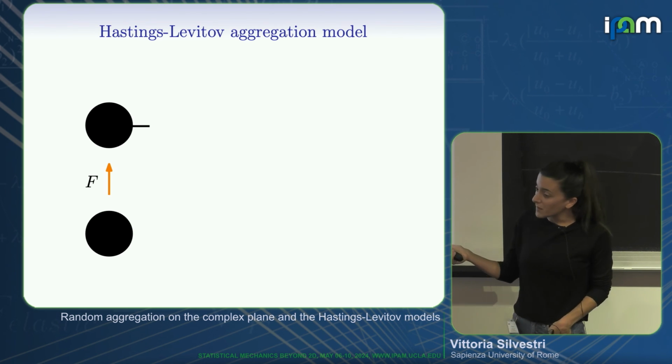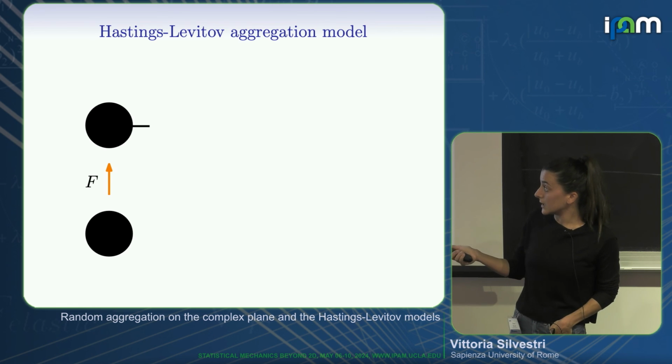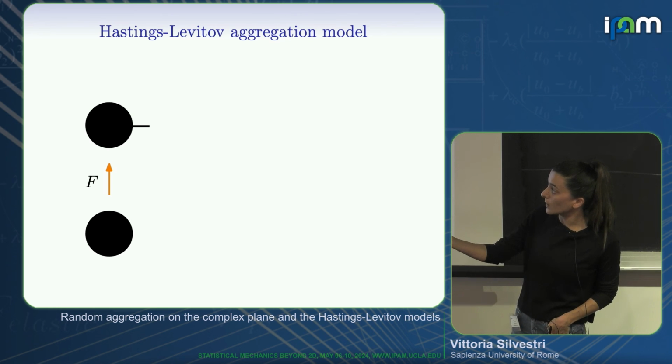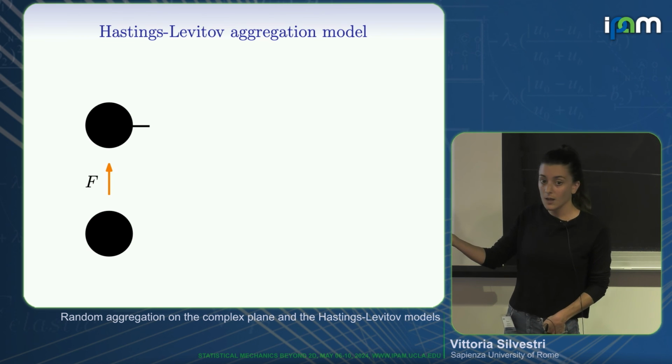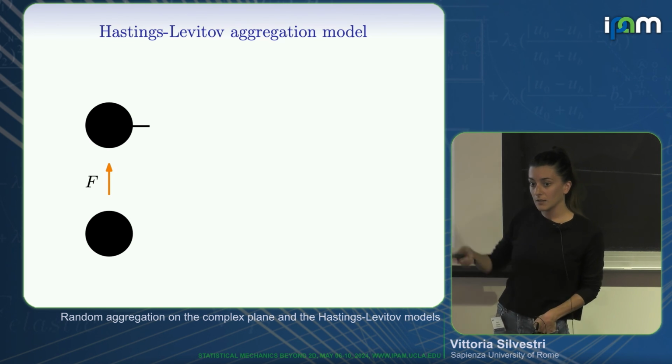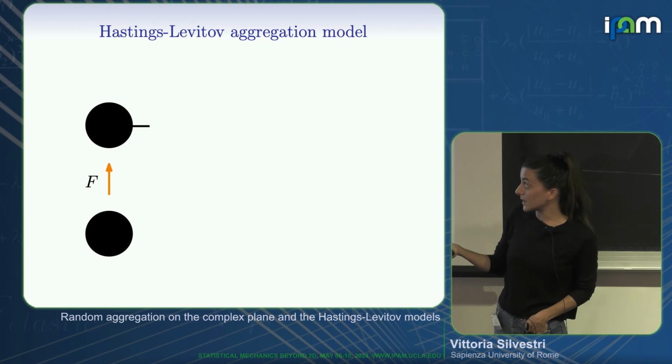Well, by the Riemann mapping theorem, we know that there exists a conformal map, a conformal isomorphism, mapping the outer domain of the unit disk to the outer domain of the unit disk union the particle, which fixes infinity and which doesn't rotate infinity. There exists exactly one that does that, and I call that F.